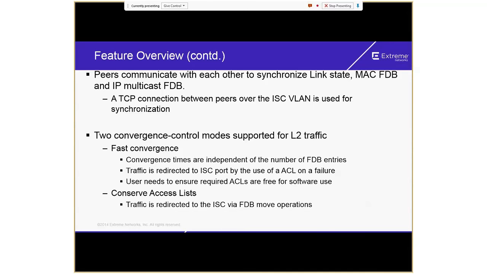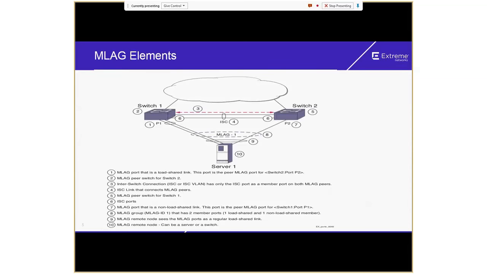There are two types of convergence control modes which are supported. One is fast convergence, and the other is conserve access list. With fast convergence, both the switches maintain an FDB table, and as soon as a link goes down, if I come to the diagram here, let's say the link P1 on switch 1 goes down.